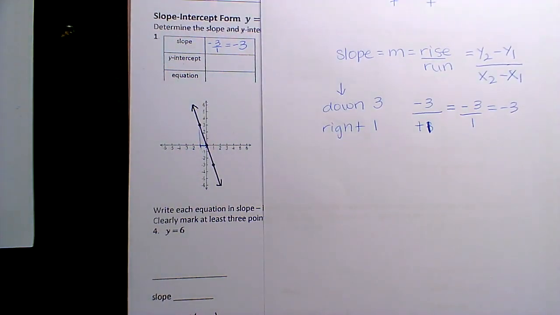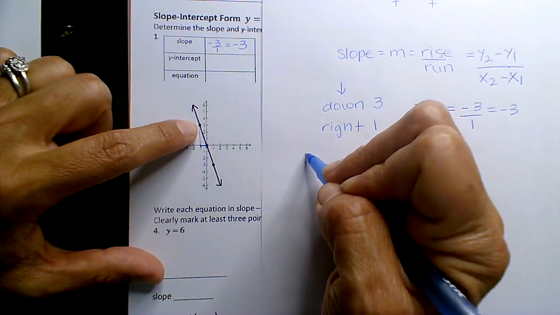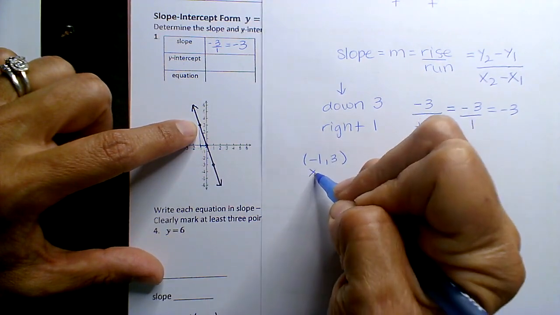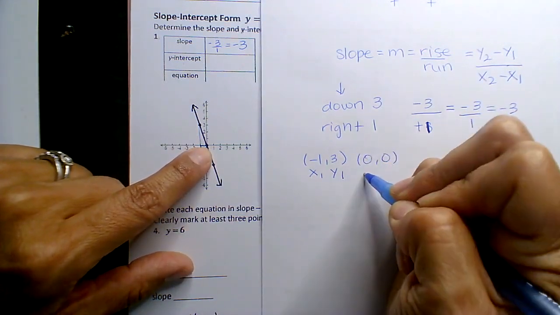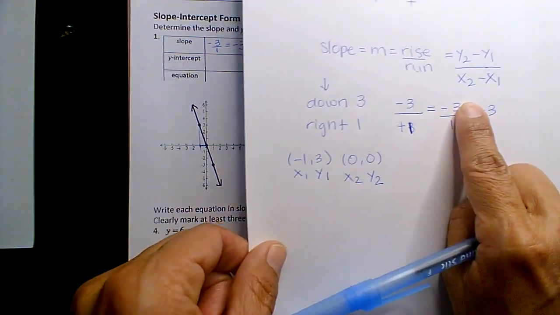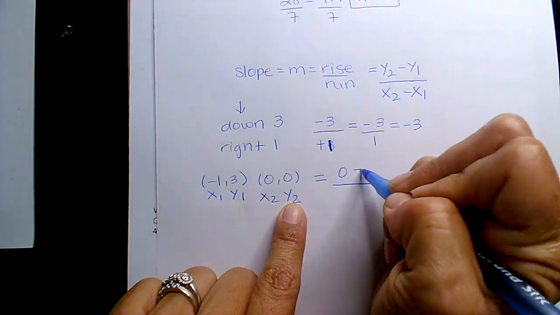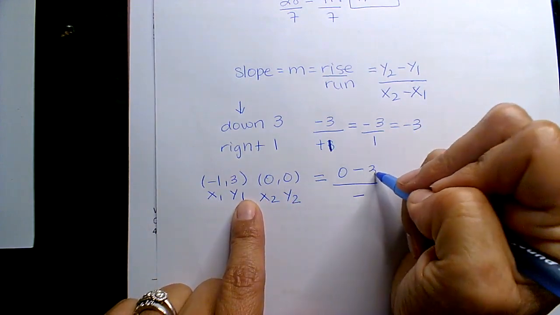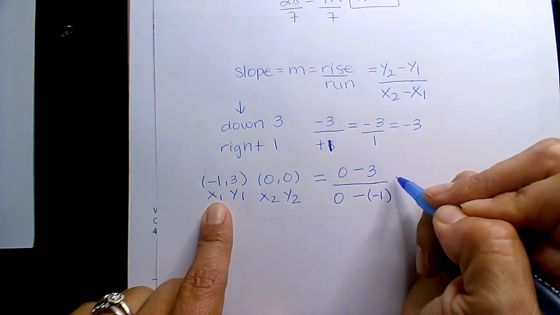Yeah? Okay, that's totally fine if you want to shortcut the rise over run, but if we were actually to pull the points, this coordinate is (-1, 3), so if I call that x1, y1, this coordinate is (0, 0), x2, y2. If I substitute it into the formula, I get y2 minus y1 over x2 minus x1.